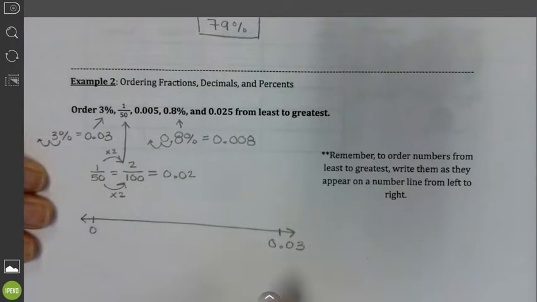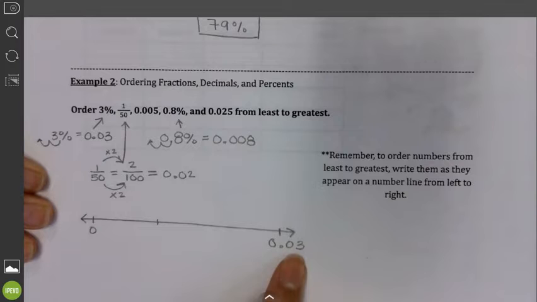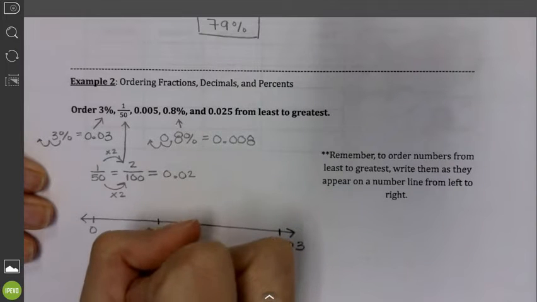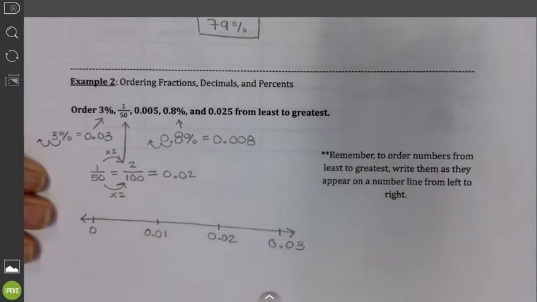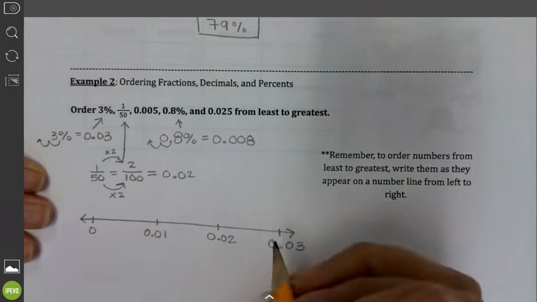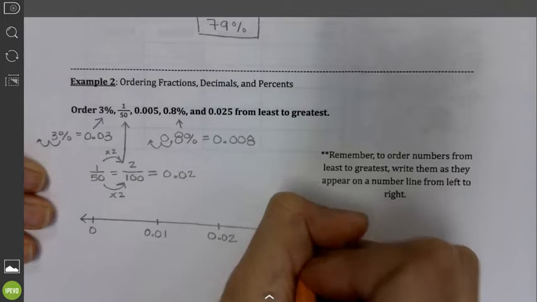And I'm going to split this into pieces. I'm going to split it into 3 equal pieces because I know that 300ths can be split into 3 equal pieces. And that way I can start filling in my numbers. So I know that 300ths is one of them. That is the 3%.